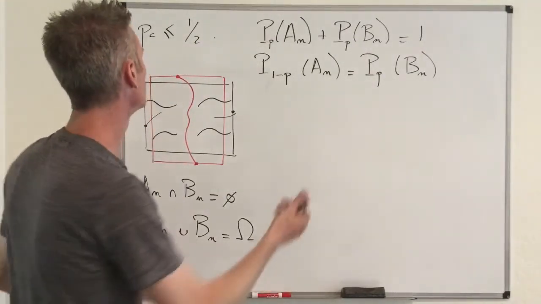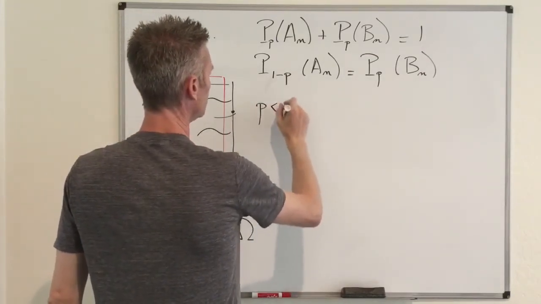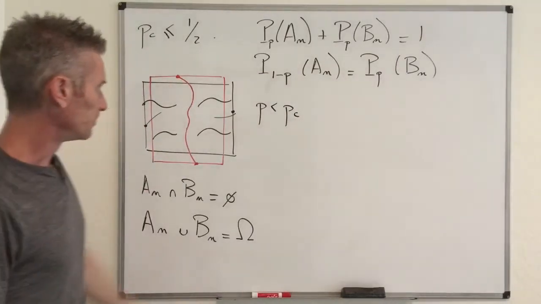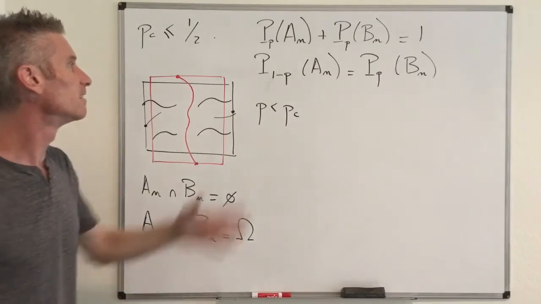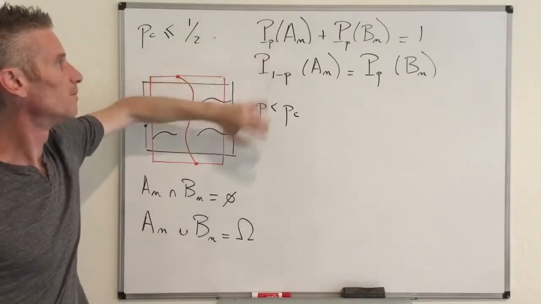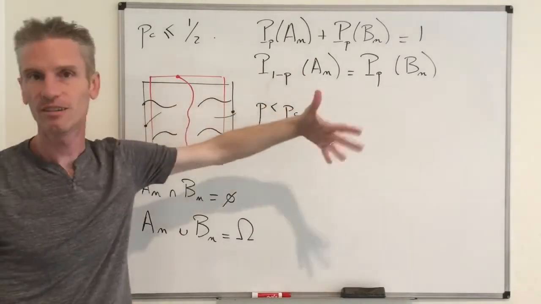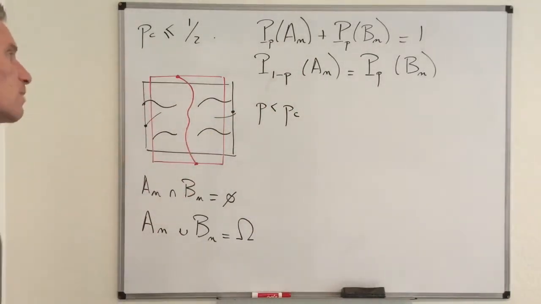So first, to prove that, we are going to start by taking a p strictly less than pc and see what's going on. So we start from p strictly less than pc, and using those two equations here, we can deduce another inequality between p and pc, and that's going to give us this inequality here.